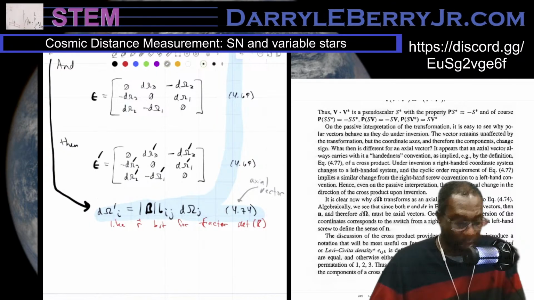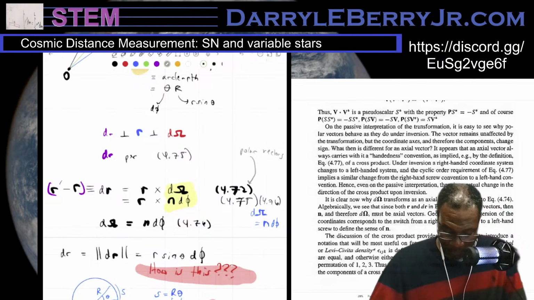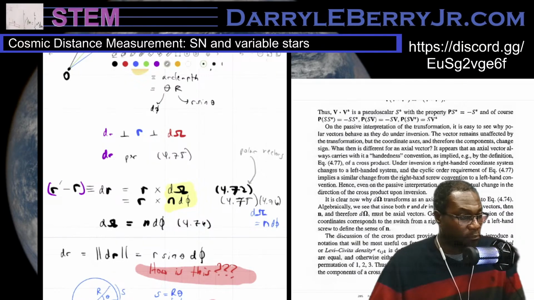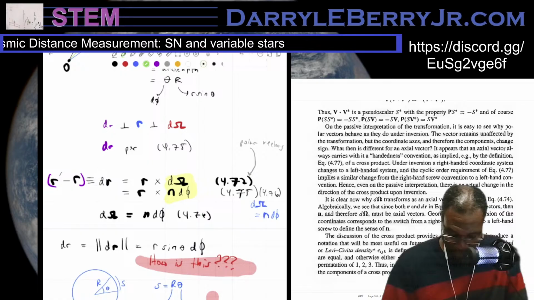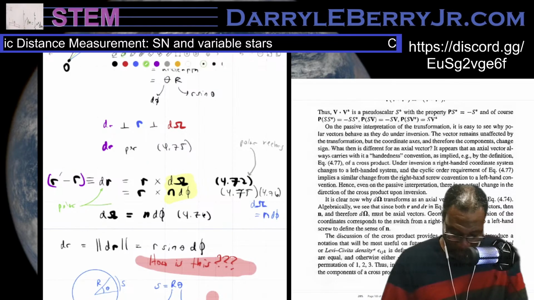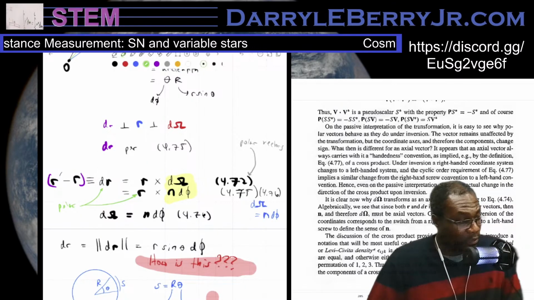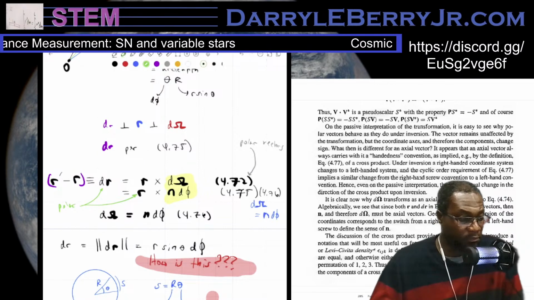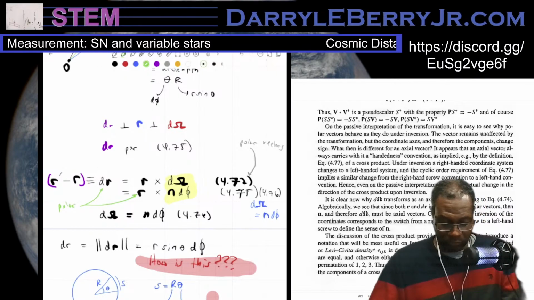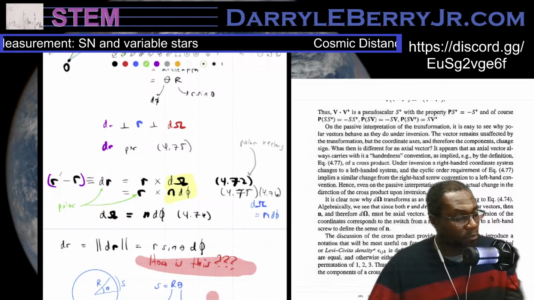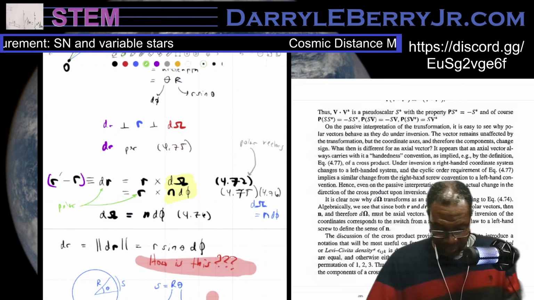Algebraically, we see that since both r and dr in equation 4.75 are polar vectors, and n, and therefore d omega, must be axial vectors.